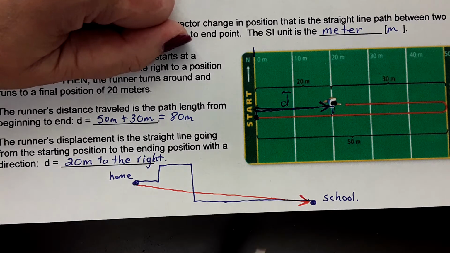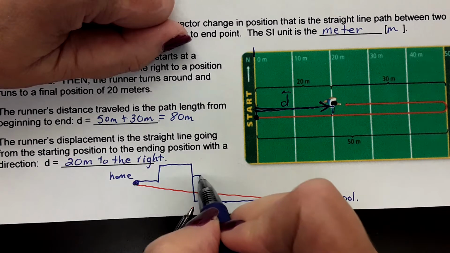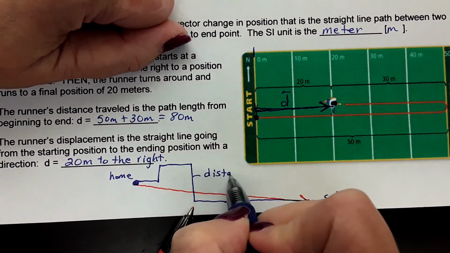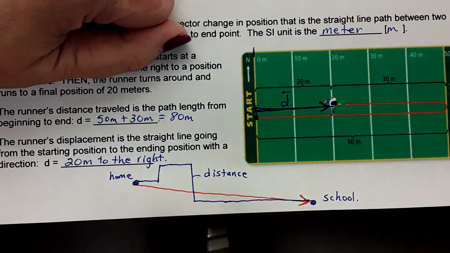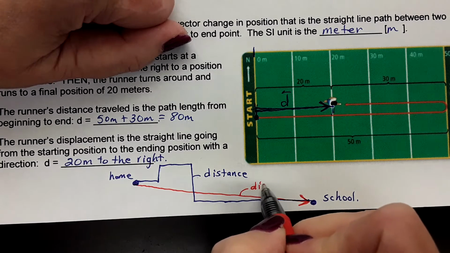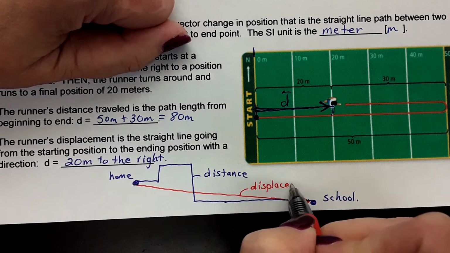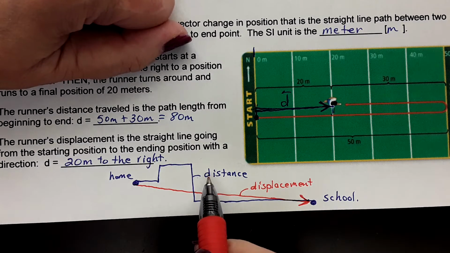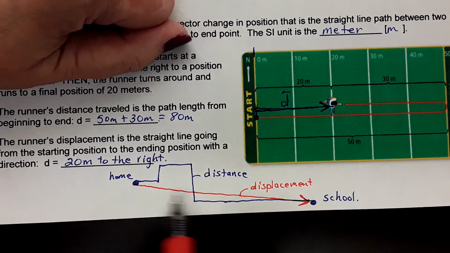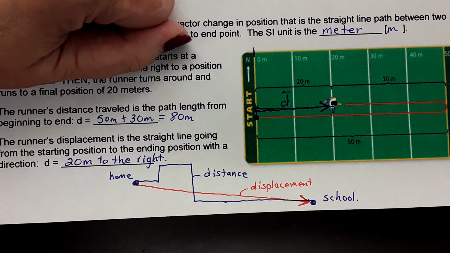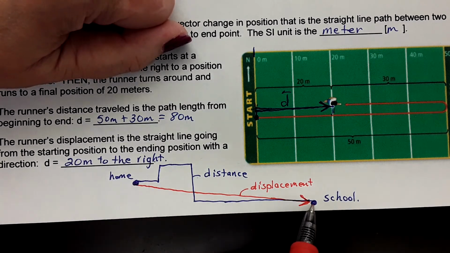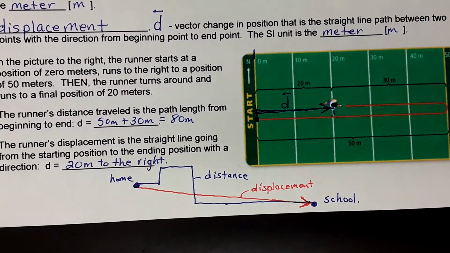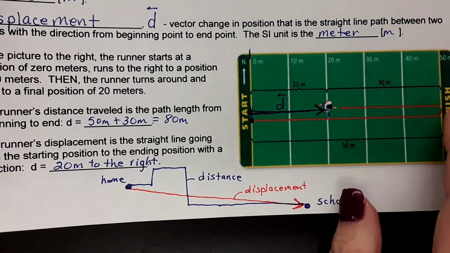So that's the difference between the distance and the displacement. Okay? One is the path length actually followed. The other is the straight line between the 2 points, pointing from beginning toward end. Okay? All right. Now, let's look at a little more.